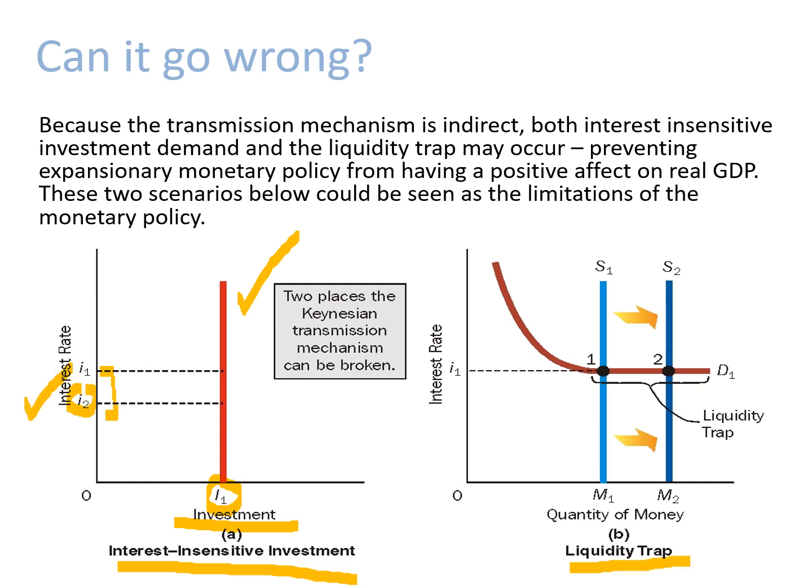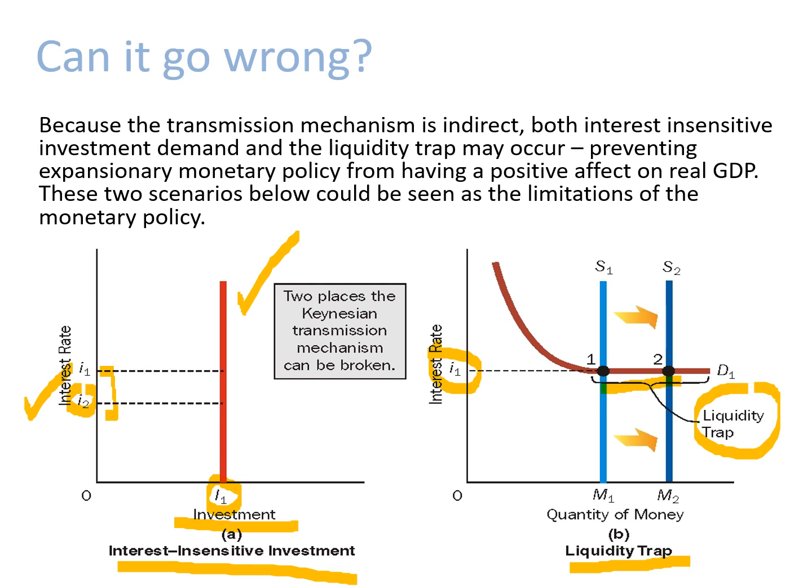Now, in case of liquidity trap, the demand curve for money could become horizontal at some low interest rate. In the graph below, the demand curve for money becomes horizontal at I1. This horizontal section of the curve is referred to as liquidity trap.